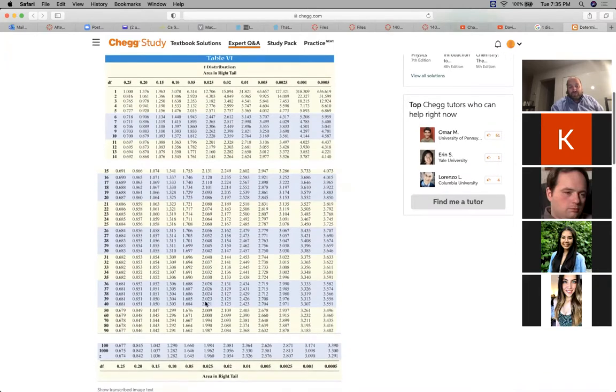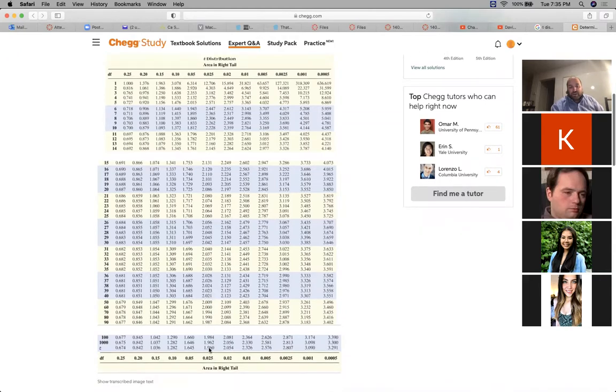Notice here at 40, it just jumps to 50, 60, 70, 80, 90, 100, 1,000. What is it at 1,000? What's it getting closer to as I keep getting a larger and larger sample size? It's 1.962. Z star is 1.960, right? So what's happening is it starts big and slowly but surely gets closer and closer to 1.960.